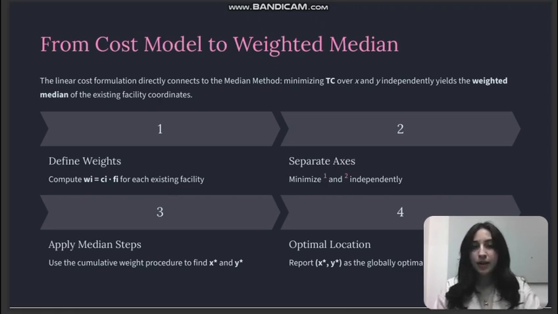And then we separate the axes and minimize them independently. After that, we apply the median steps, which we saw in the example, to find the optimal x and y. After these steps, we have our optimal location as the coordinates of optimal x and y.